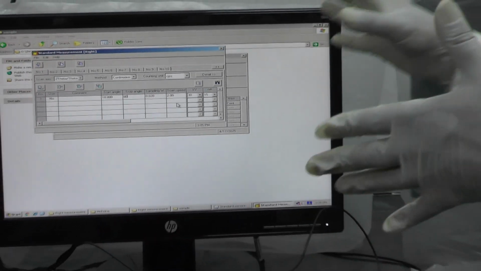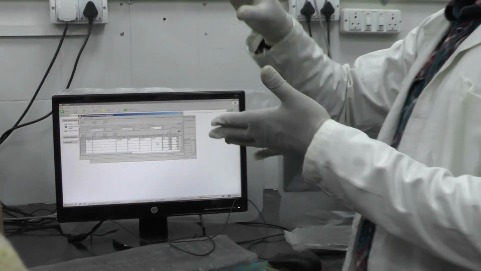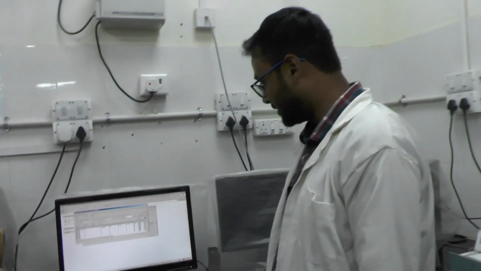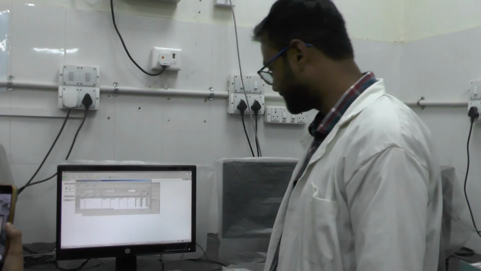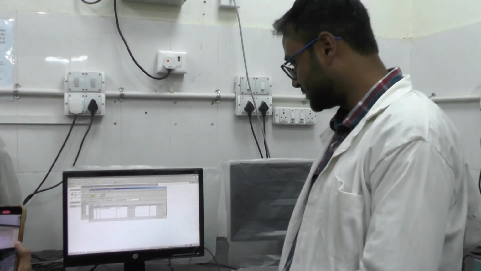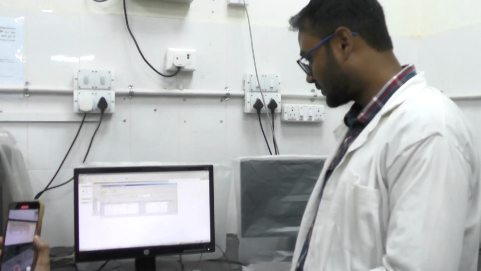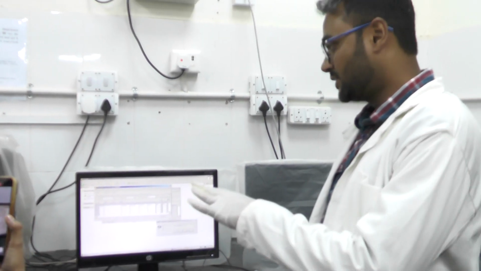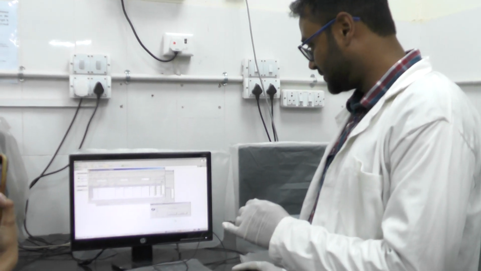But since it will take data faster, your noise will be very high. So we will keep the minimum scan rate, for example 4, and then we will just execute. So we have given the command to execute the experiment.